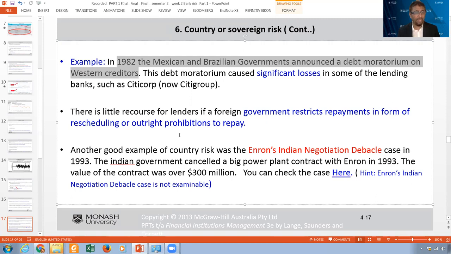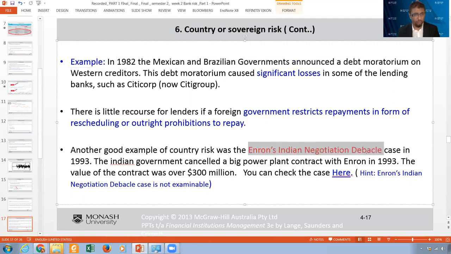Now, another example, I think in 1993, Enron, a huge energy company in the US, took a contract in India to build power plants.